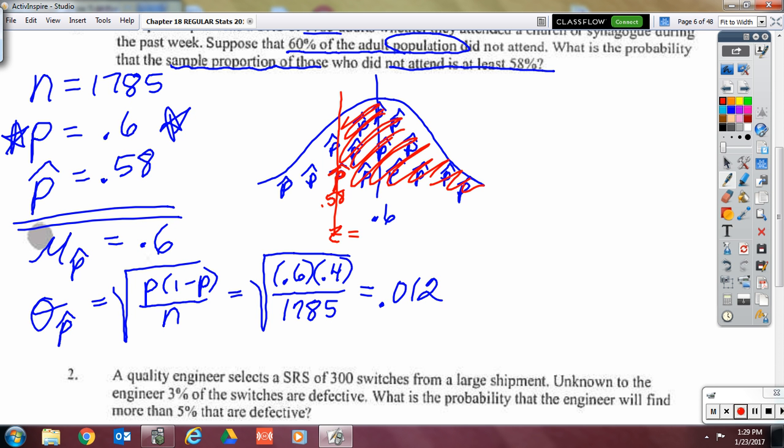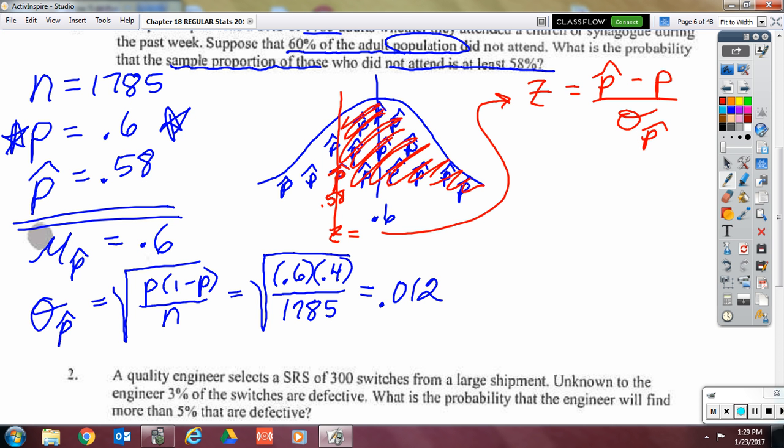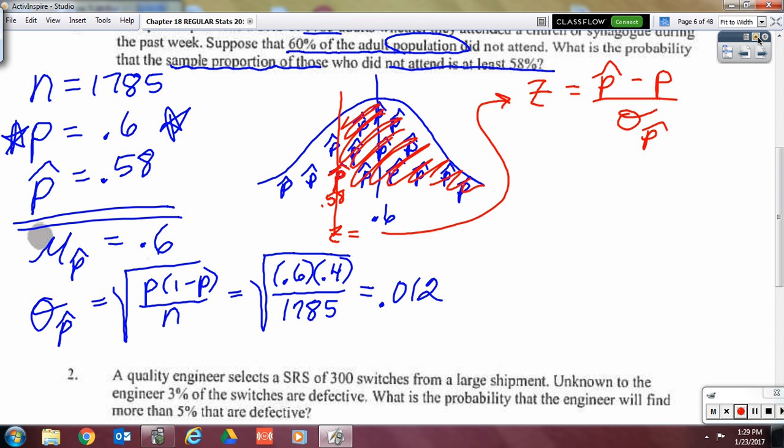I need to get a z-score, and the z-score comes from, let's do that up here, z is p hat minus the p over the standard deviation of p hats. Okay, so let's have you compute that. What is our p hat?